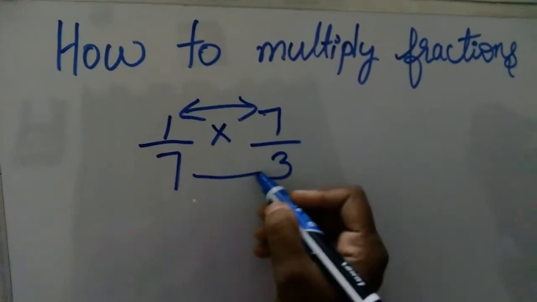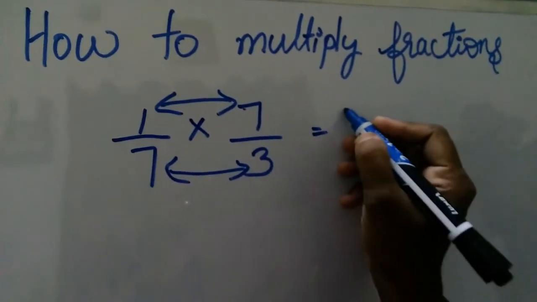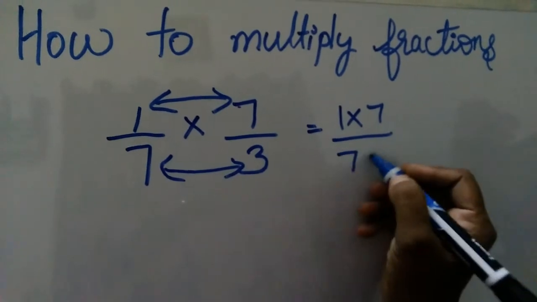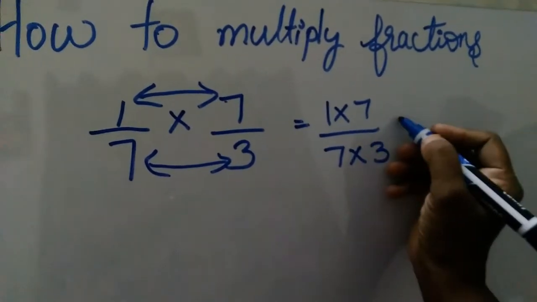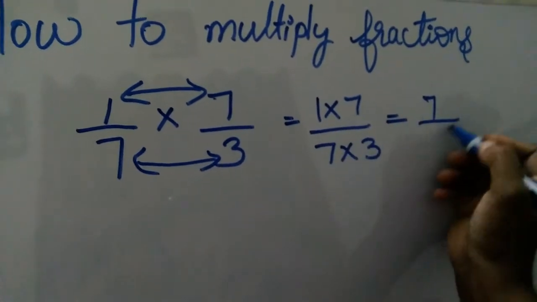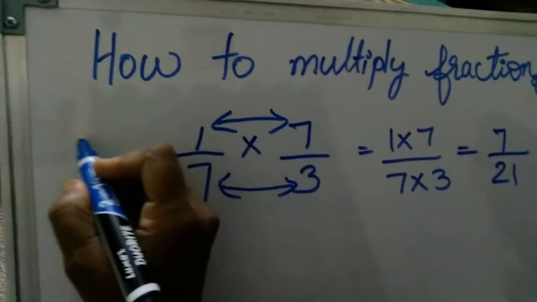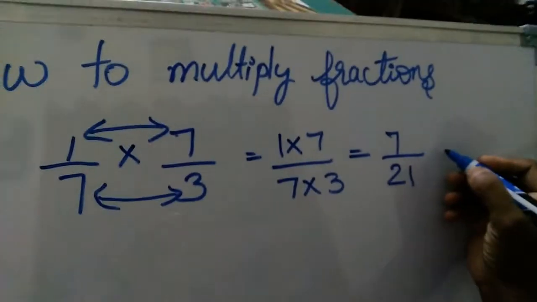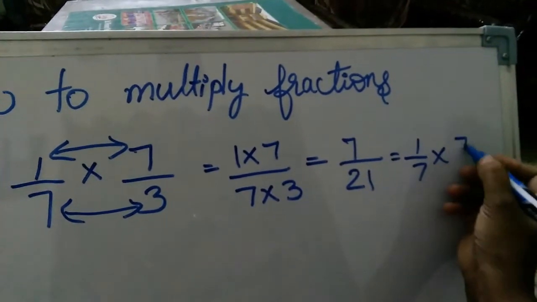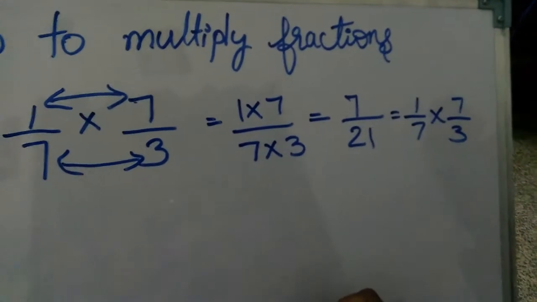After that, you multiply the denominators. So you will get 1 into 7 upon 7 into 3. 1 into 7 is 7, upon 7 into 3 is 21. That is, 1 upon 7 into 7 upon 3 is 7 upon 21.